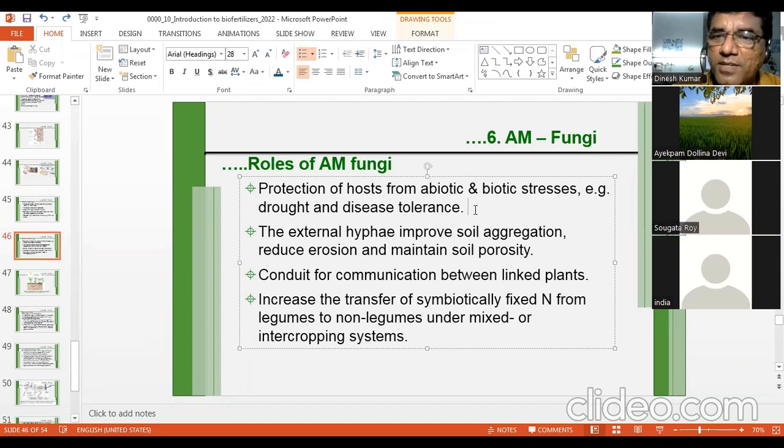You know about biotic stresses, attack by other organisms on the plant, or abiotic, such as temperature and water stresses.